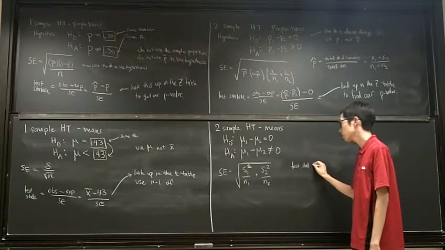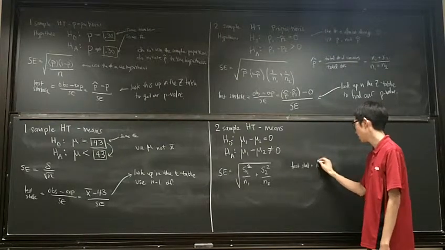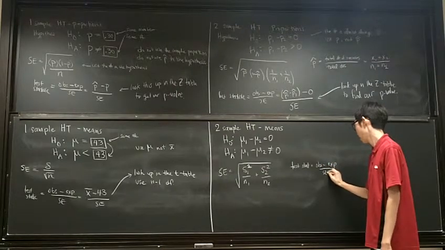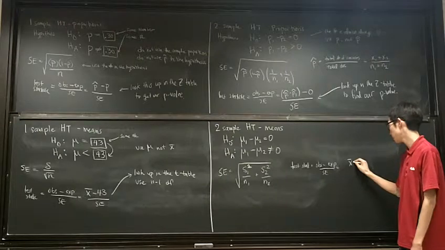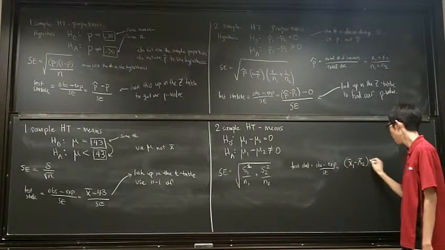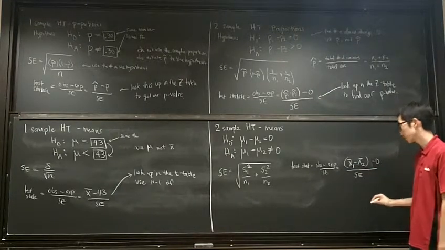And my test statistic, again, is observed minus expected over the standard error. x1 bar minus x2 bar, minus 0, over the standard error, okay?